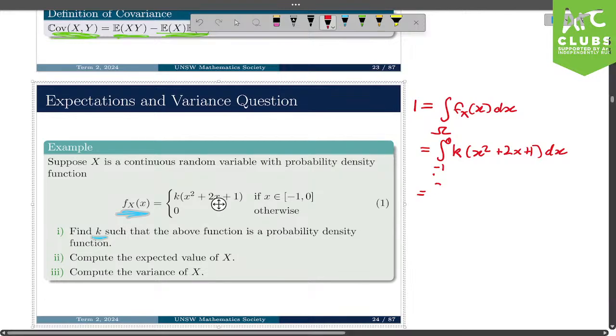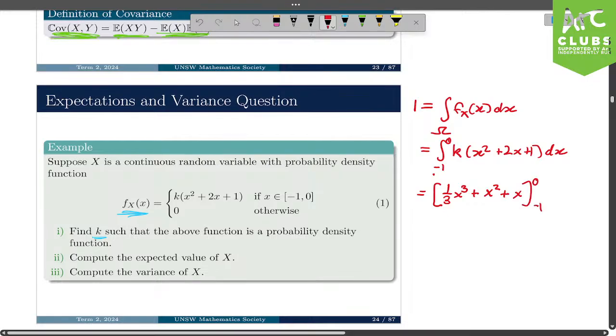We're going to end up evaluating a third x cubed plus x squared plus x between 0 and -1. I need to have a k out the front as well. That's just going to be minus k, and then I have to sub -1 into all these.